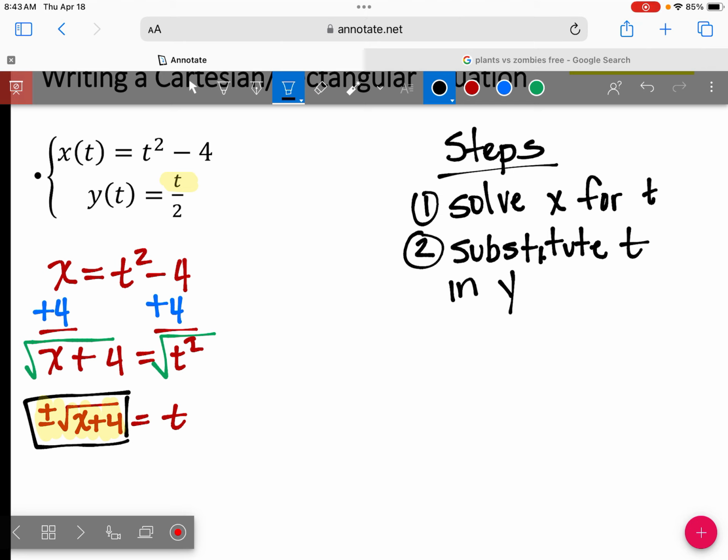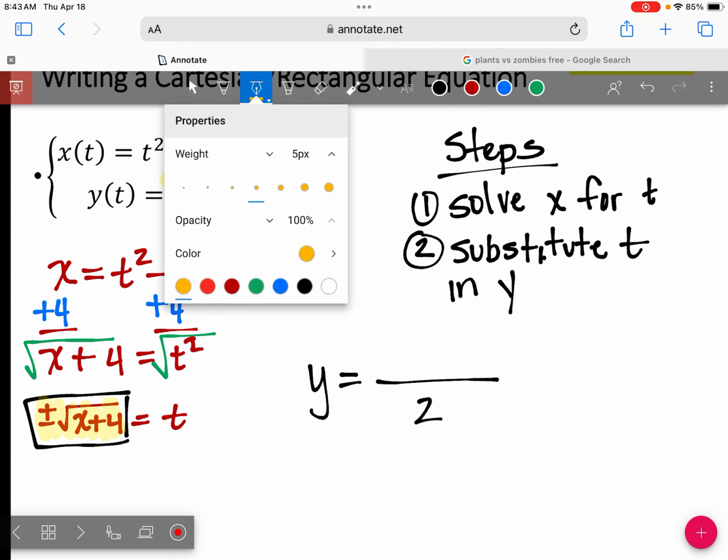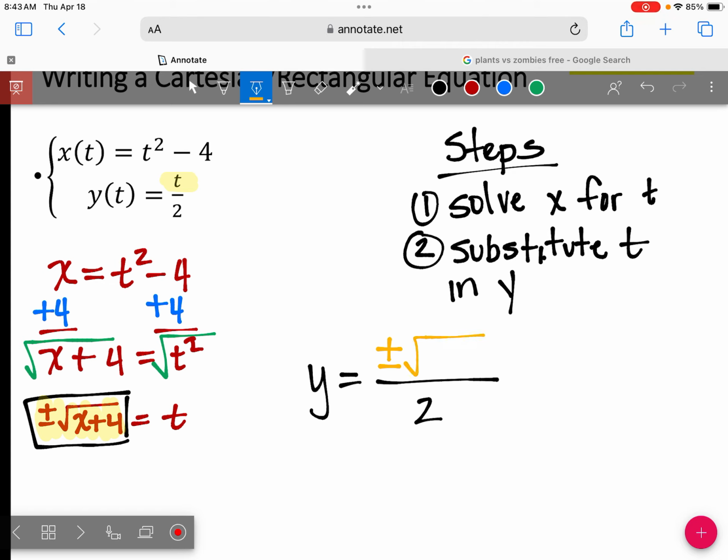So that's going to give me y equals, and now I'm going to put that yellow box that I have there, that plus or minus square root of x plus 4, right there.